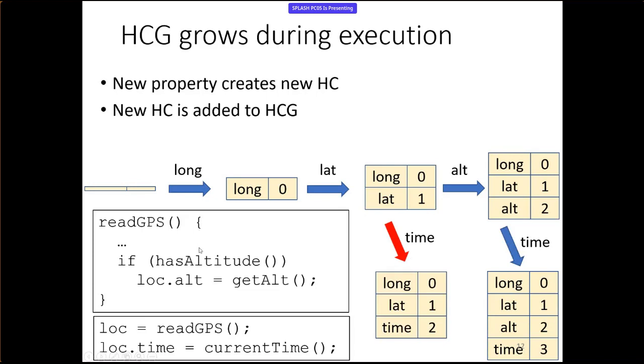If we remember that the altitude property is added conditionally, some objects are returned with this shape. For these objects, if we add a timestamp here, a new hidden class is created and added to this state. So now we have a branch in this hidden class tree.